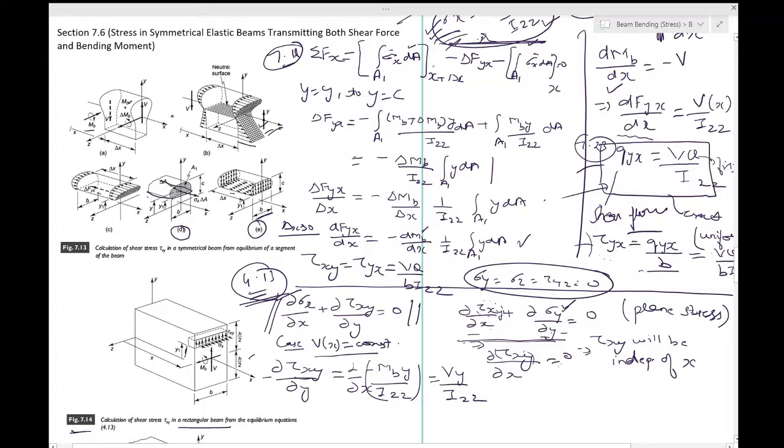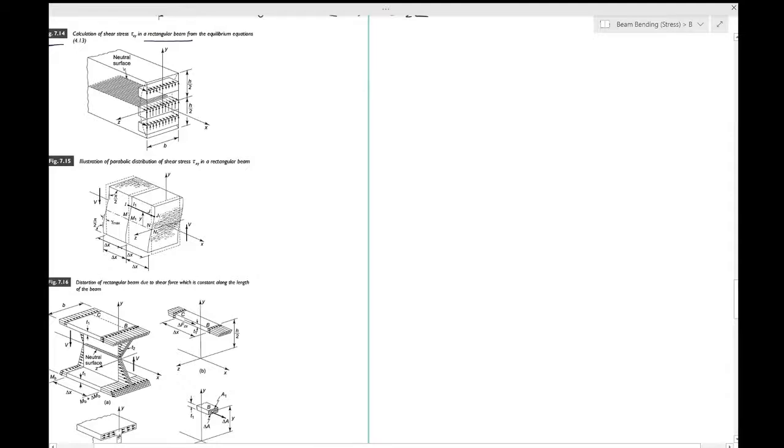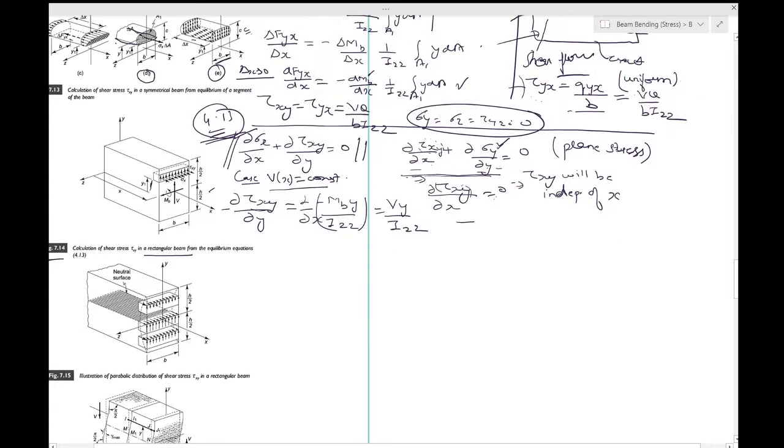In the earlier case you know that this was c in total, so this c is now h by 2. This is the top surface, and you would carry out that integration, and you would finally get minus of tau xy with the limits y1 to h by 2 is equal to V by Izz.